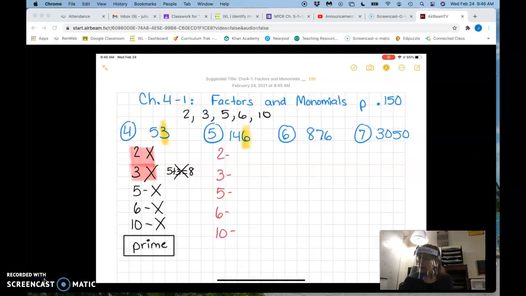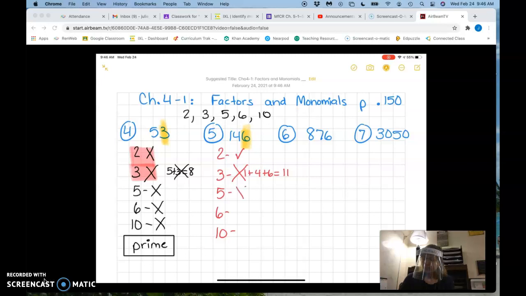Is the ones place divisible by 2? Yes. So it is divisible by 2. For divisible by 3, add the digits. No, it's not. Does 11 divide by 3? No. For 5, does it end in a 0 or 5?